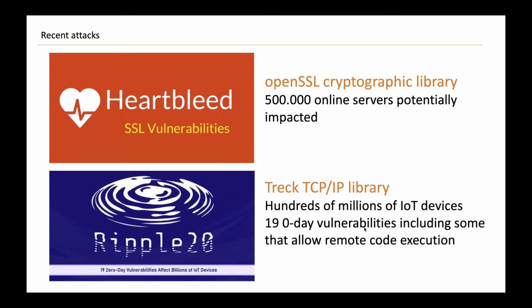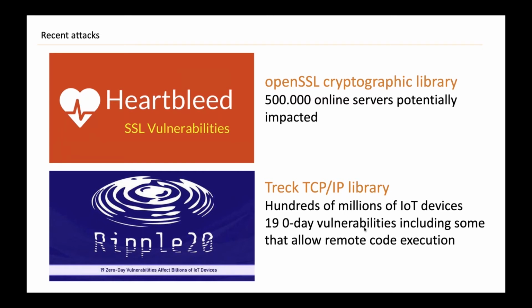Another example, which is much more recent, is Ripple20, which was a series of 19 zero-day vulnerabilities left in the source code of the TCP/IP library of a specific company that was deployed on hundreds of millions of IoT devices. Most of these vulnerabilities can, for example, allow remote code execution.